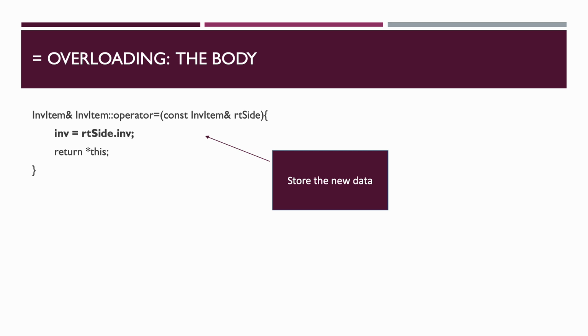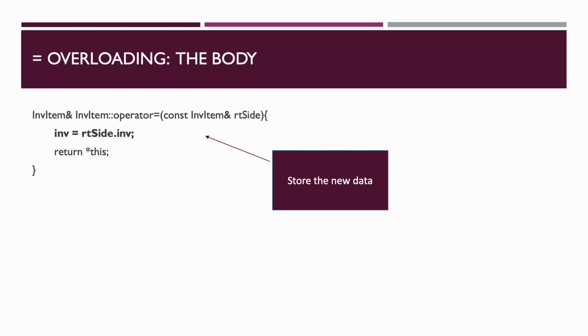Now here, if we focus more inside the body, this first line is storing the new data. So this line assigns the value of INV from the right hand operand to the INV member of the calling object.